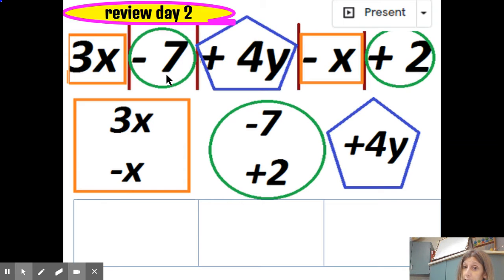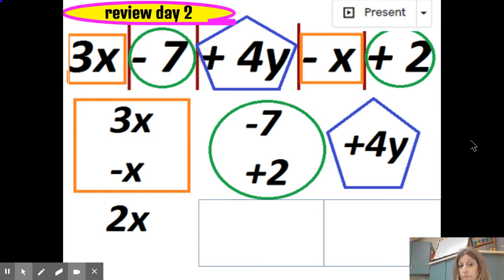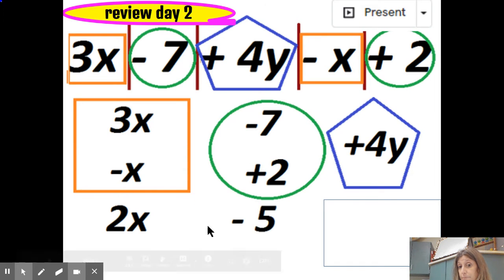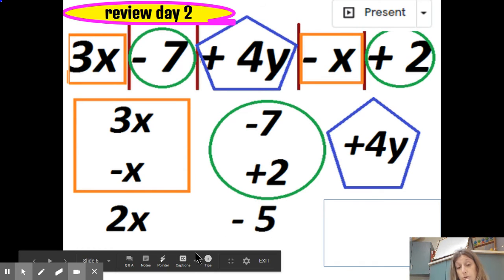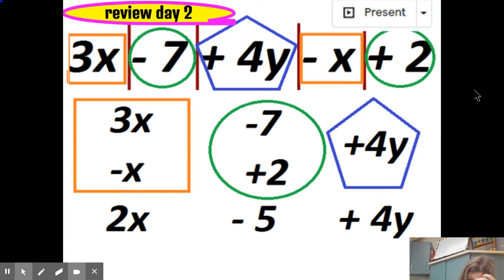Think about if you start at -7 and then you add 2. You're missing 7 and then you find 2. Well, you're still missing 5. If you want to, you can use a number line to do that. So we have 2x, and then the 4y, and we don't have anything to combine it with, so we just bring that down. You don't have that slide. It was just a quick review.